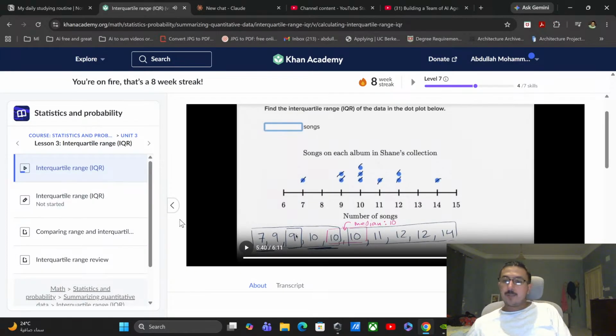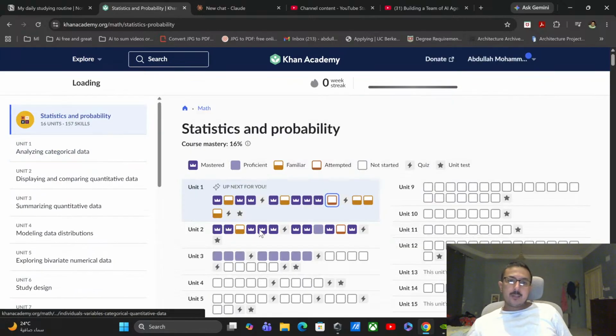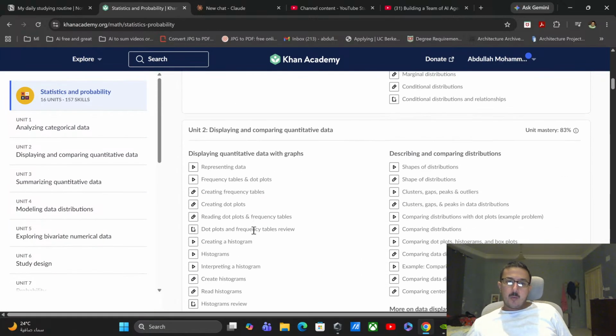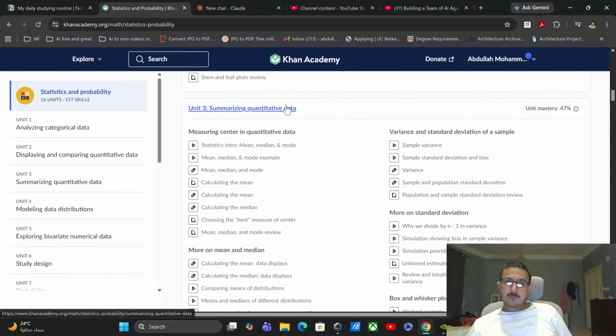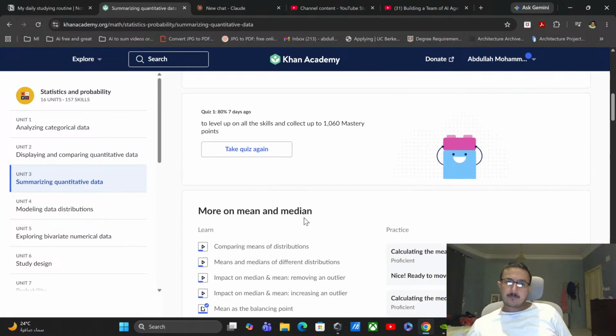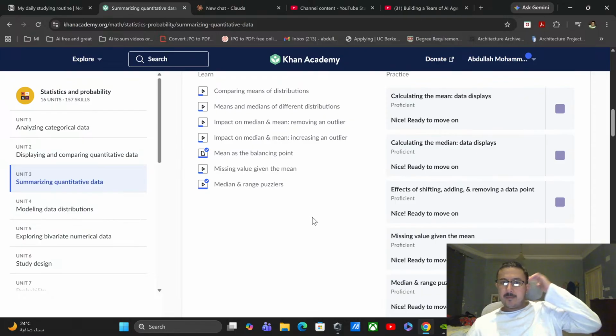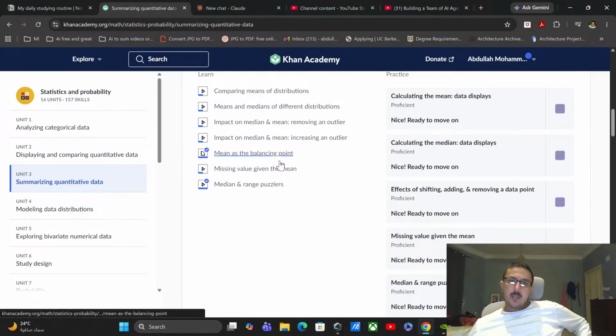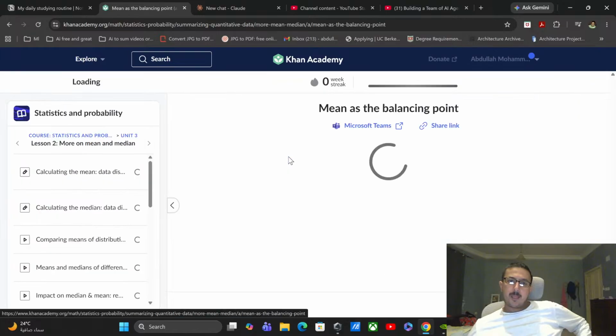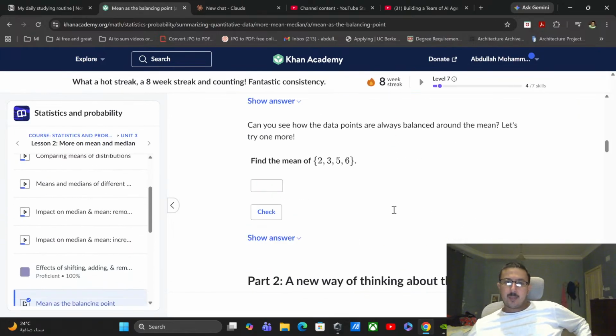You need to finish this, but before we start the exercise, let's go back to what we took 4 days ago. I remember the mean as the balancing point. Let's check this out.